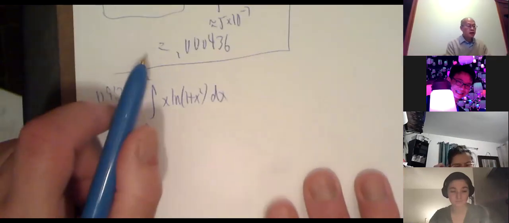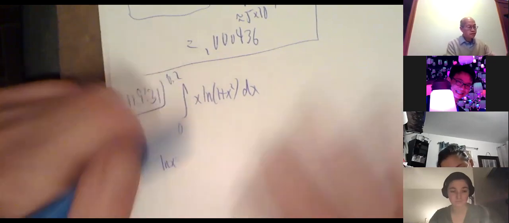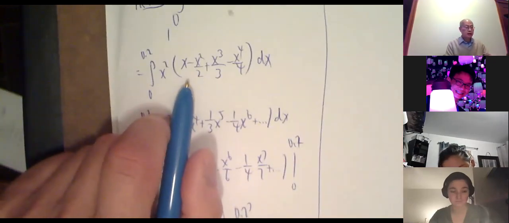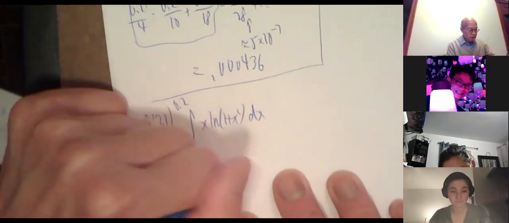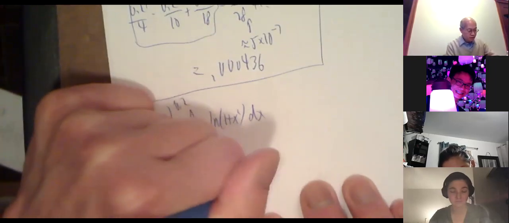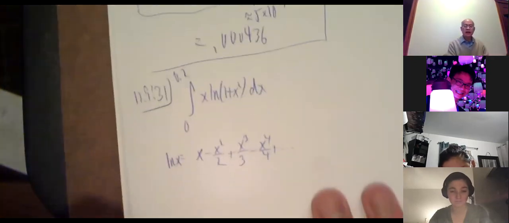All right, so I start with ln x. So ln x is, this was it. X minus x squared over 2 plus x cubed over 3 minus x to the 4th over 4, dot, dot, dot.